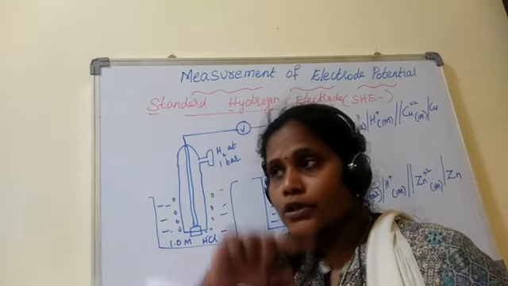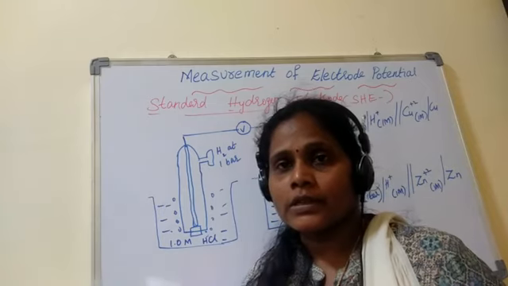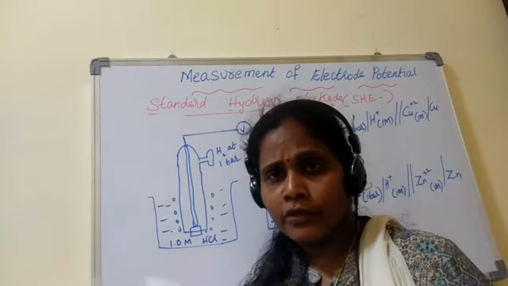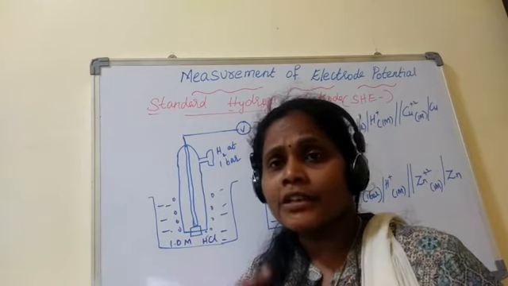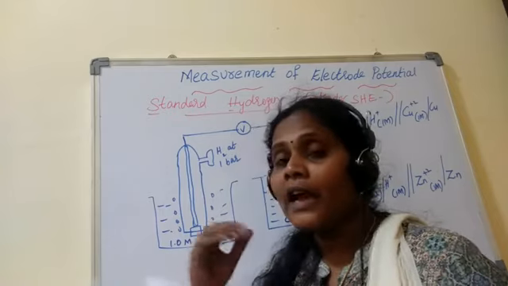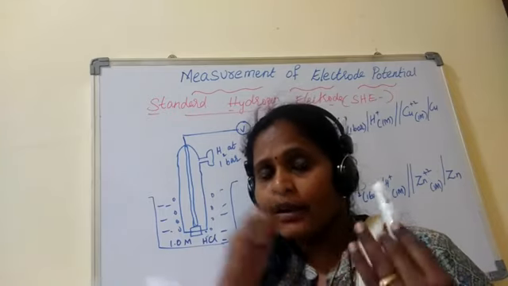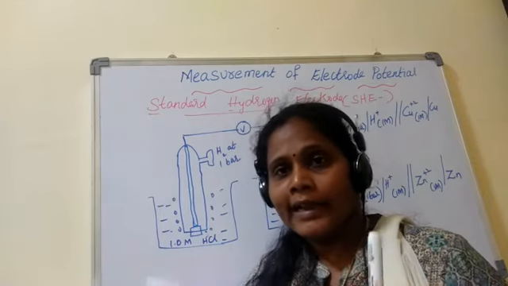We need to constitute a cell, anode, cathode and movement of the electrons. The electrochemical cell has to be fulfilled, which means two electrodes should be there, anode and cathode. But a single electrode potential cannot be determined. So, if we arbitrarily fix one electrode potential, then an unknown electrode potential can be identified.